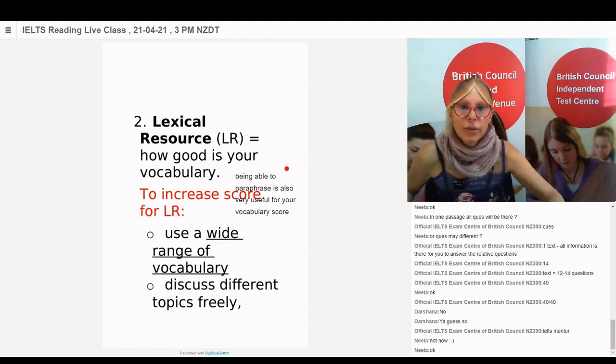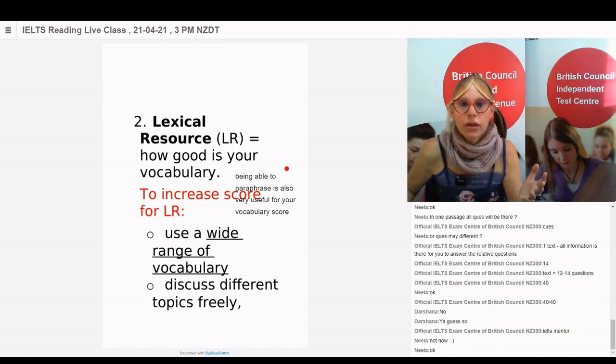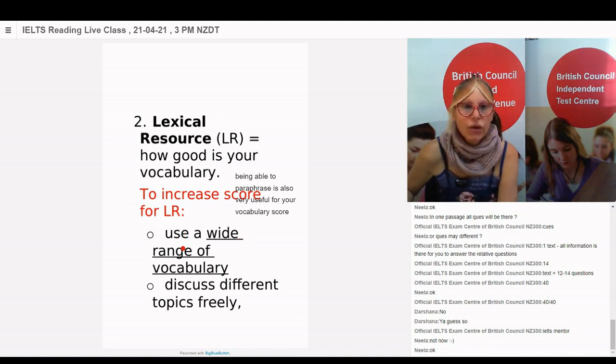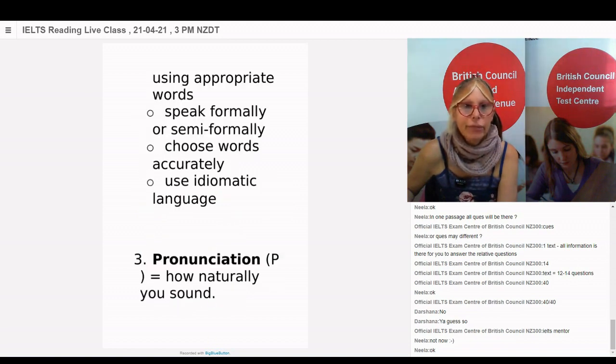That means saying the same thing using different words. That's a skill that not everybody has, but if you can work on that, that would increase your chances. Yeah, so use a wide range of vocabulary, discuss different topics freely, using appropriate words, speak formally or semi-formally.